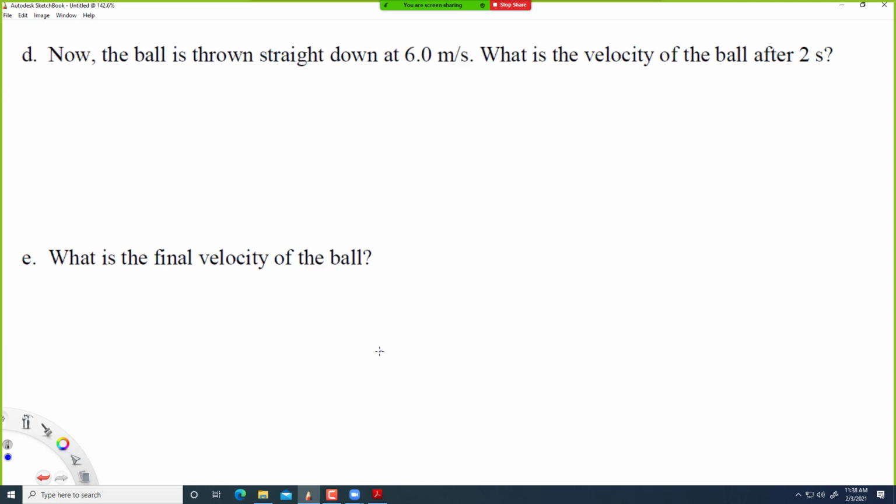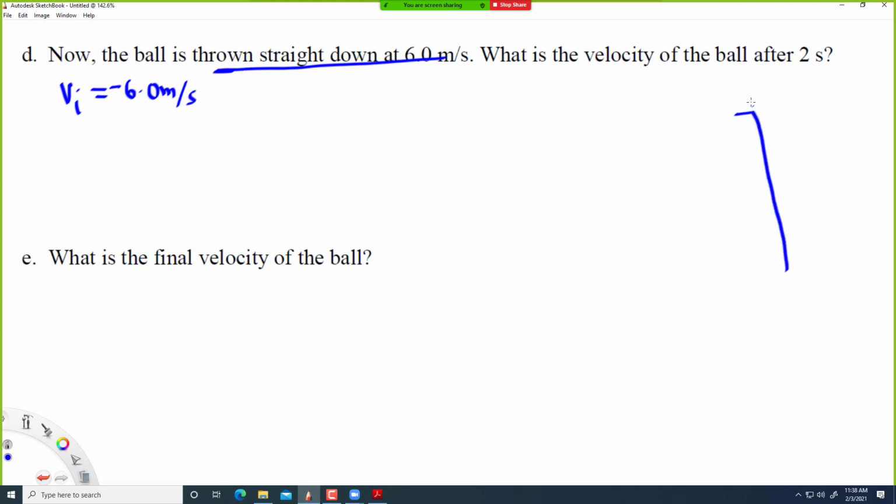Now the ball is thrown straight down at 6 meters per second. What is the velocity of the ball after 2 seconds? So how do you do that? The ball is thrown down at that speed, so the initial velocity is now 6 meters per second, actually negative 6.